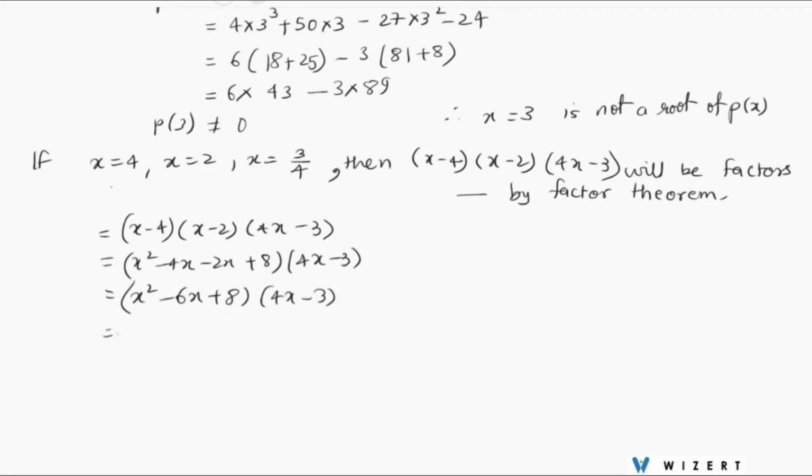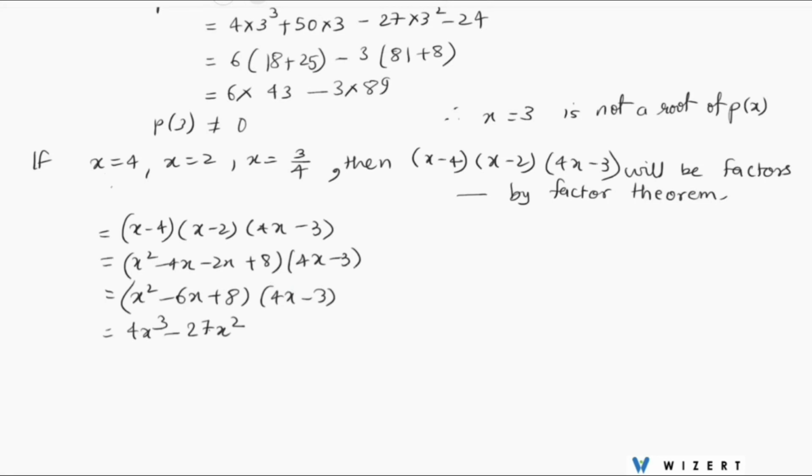So we have 4x cube, and the x square terms will be minus 3x square and minus 6 fours are 24x square. So minus 24 minus 3 is minus 27, so minus 27x square. Then the x terms will be 6 threes are 18, plus 18x, and 8 fours are 32, so plus 32x.